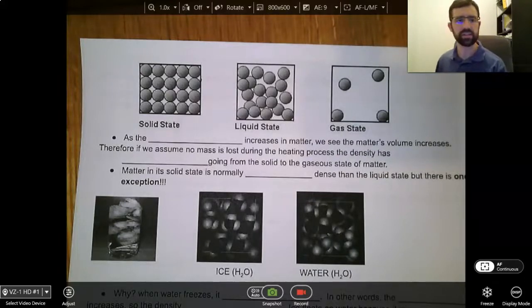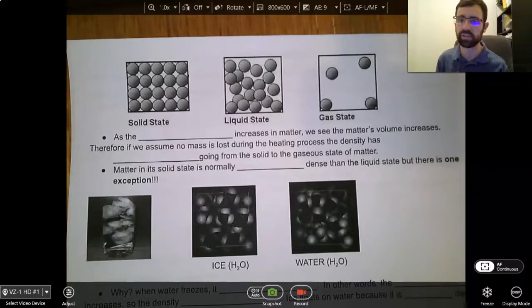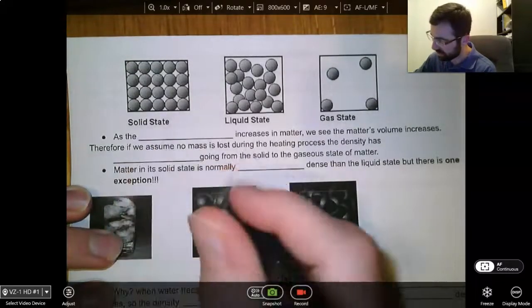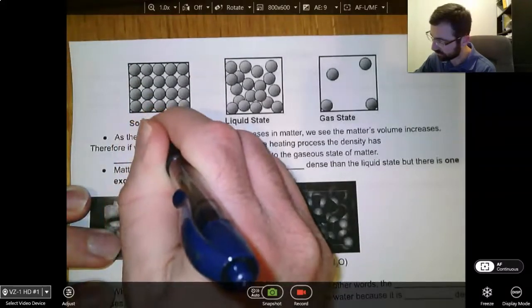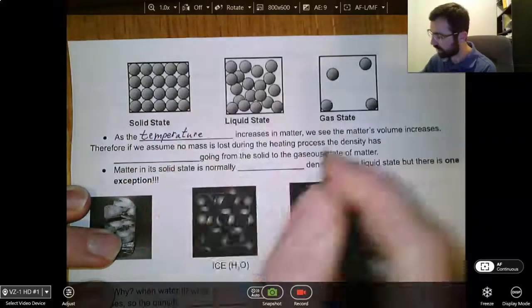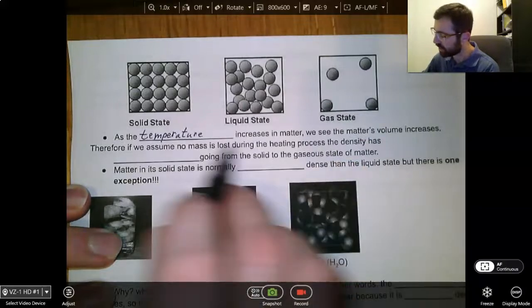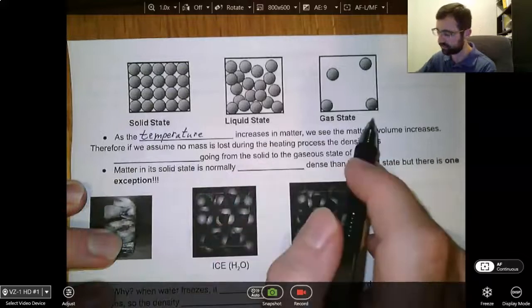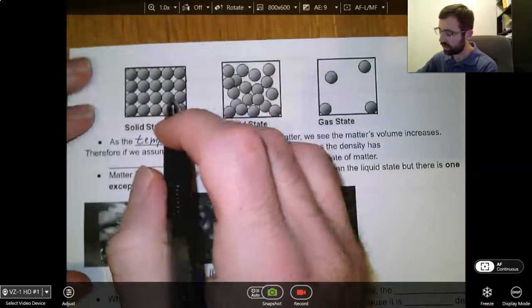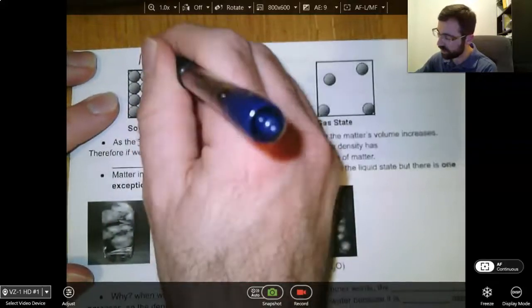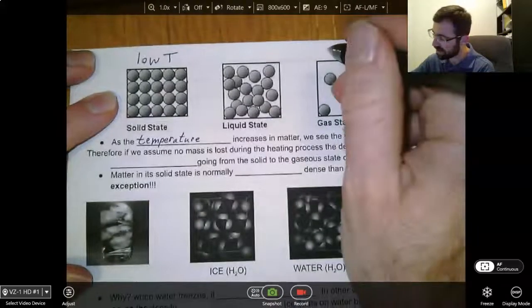Why is it that solids tend to be more dense and gases tend to be less dense? Well, as the temperature increases in matter, we see that the matter's volume increases. We go from solid to liquid to gas, so lower temperature up to the highest temperature.